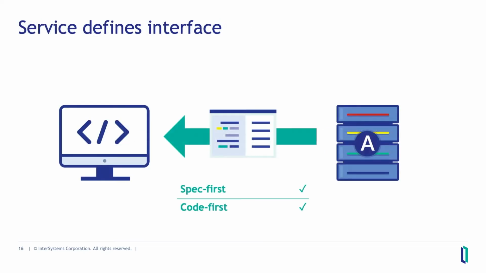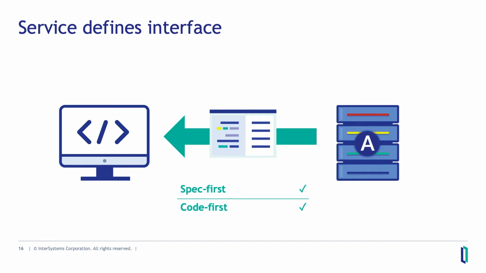Now, what I want to do at this point is compare the two approaches as they relate to client-server relationships, which you might find yourself in as developers. Now, in the case where the service defines the interface, the back-end team drives the relationship. So we are crafting a service and then pushing that spec down to any clients who want to use it.